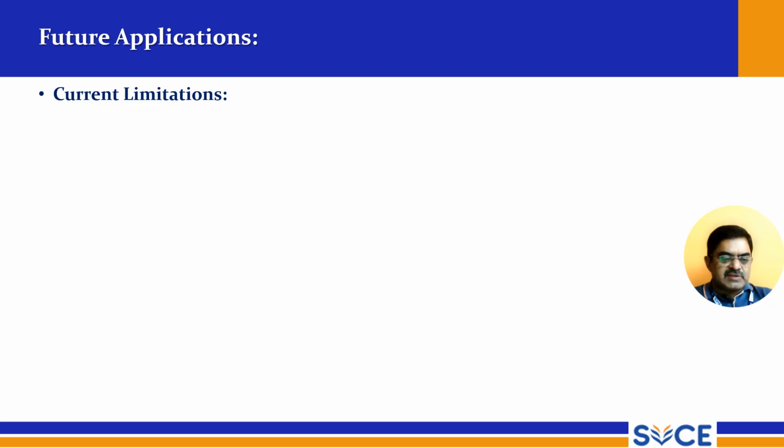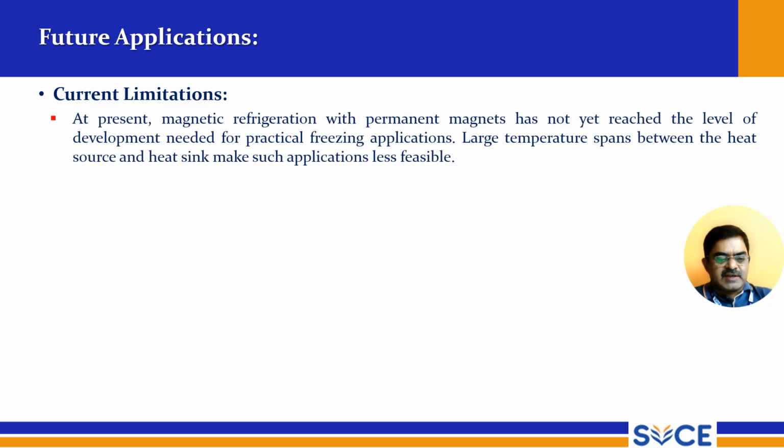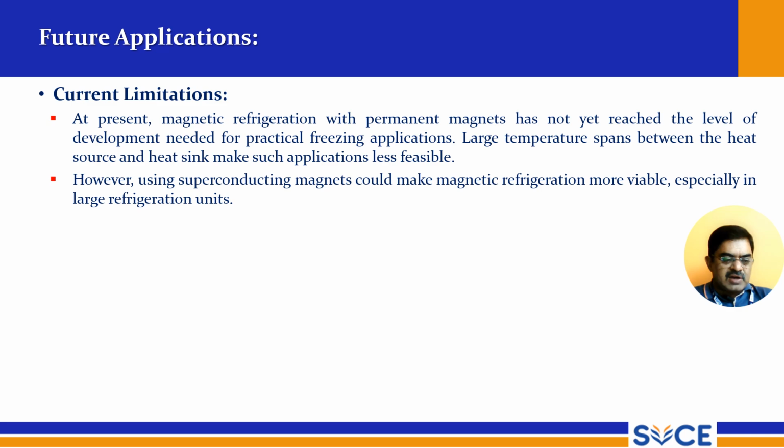So future applications, current limitations. At present, magnetic refrigeration with permanent magnets has not yet reached the level of development needed for practical freezing applications. Large temperature spans between the heat source and heat sink make such applications less feasible. So that is another drawback. However, using superconducting magnets could make magnetic refrigeration more viable, especially in large refrigeration units.